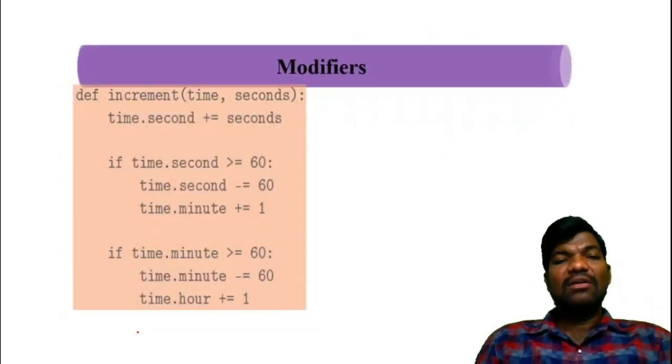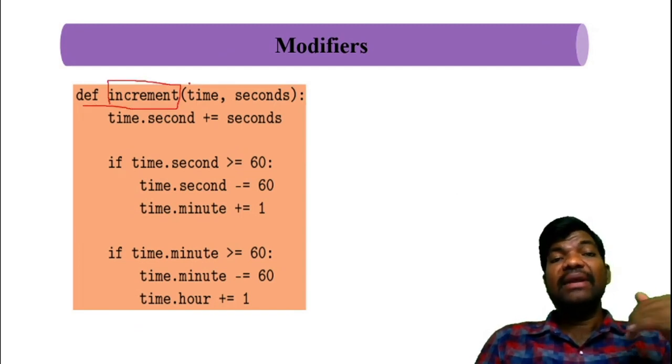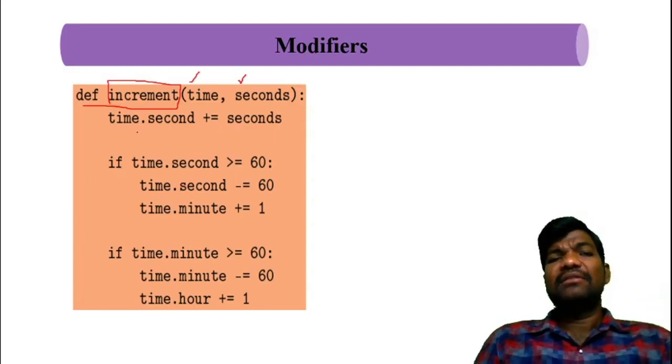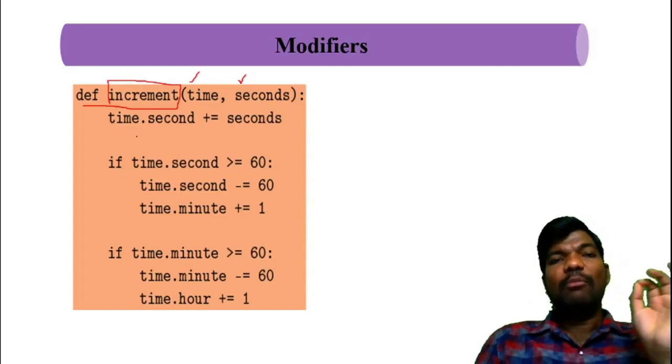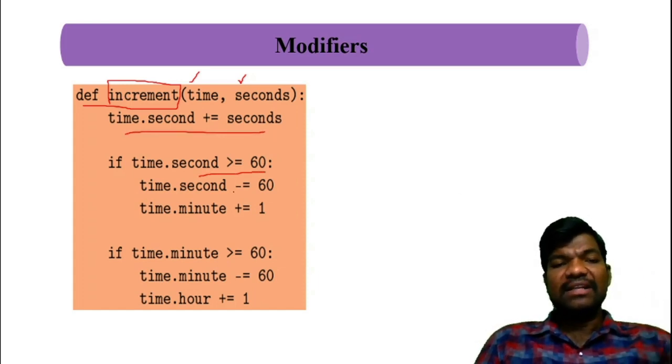Next, coming to the modifiers. I am creating another function, increment. So here I am incrementing the time in seconds, right? So from 0, 1, 2, 3, 4 like that up to 59, I am incrementing the seconds. If the second is greater than or equal to 60, decrease it and increase the minute.